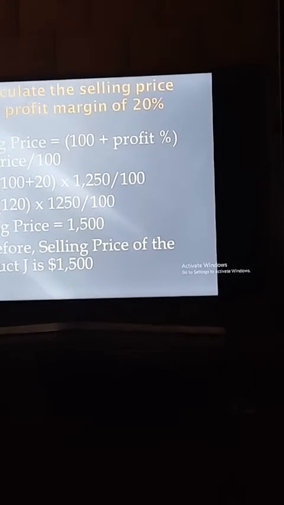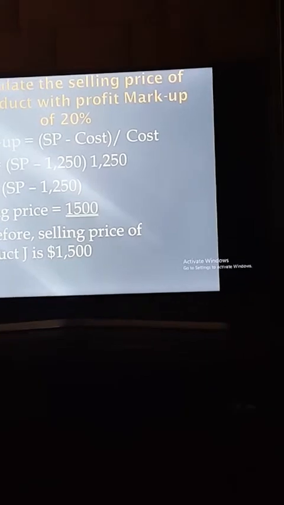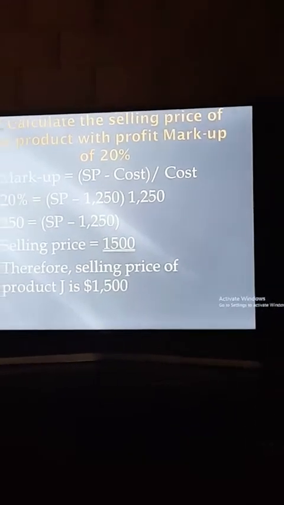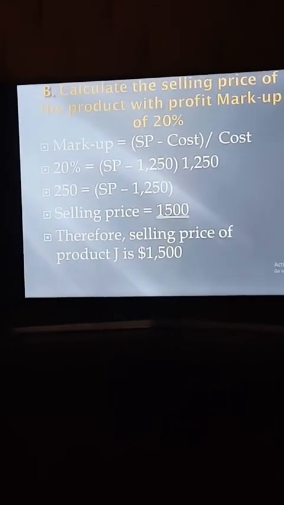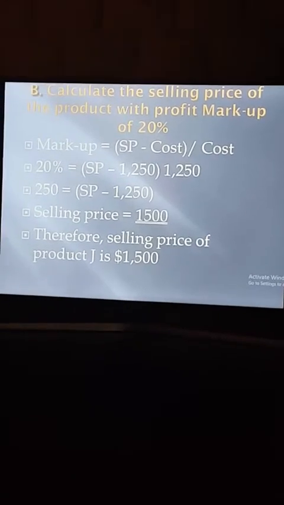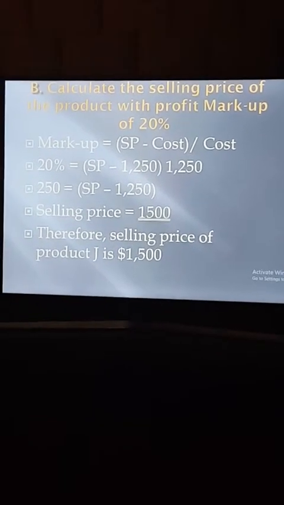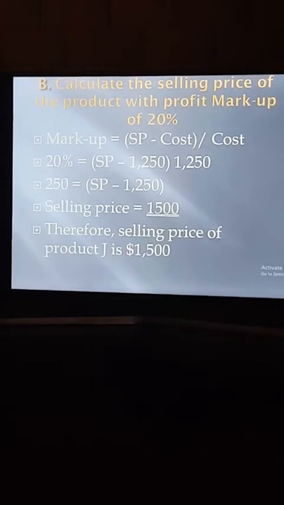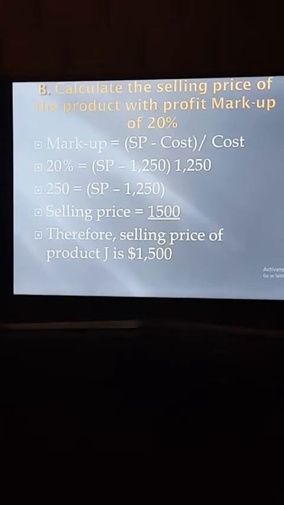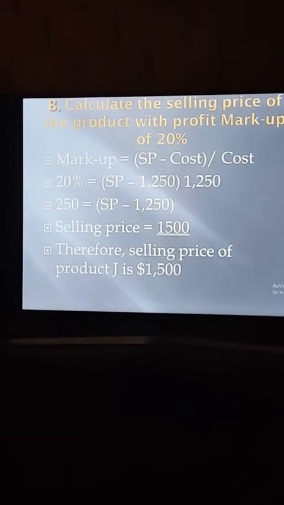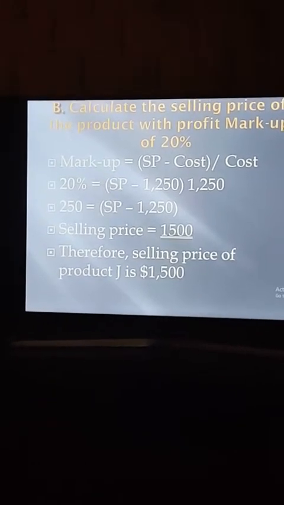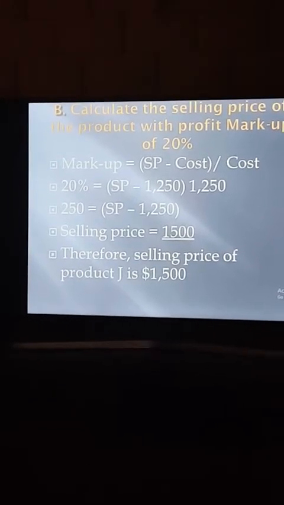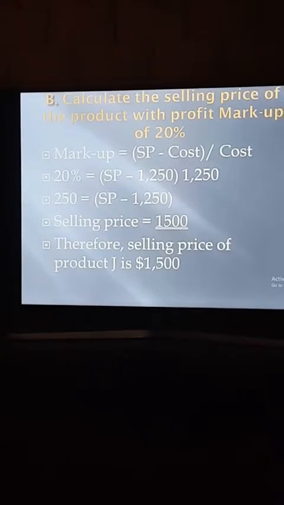The second one is calculate the selling price of the product with a profit markup of 20%. When you're looking at profit markup, the formula is markup equals selling price minus cost over cost.